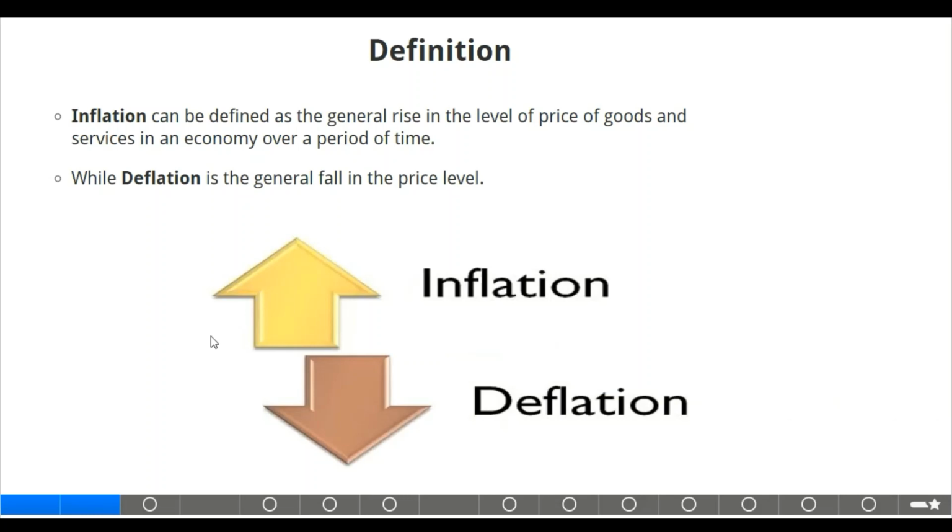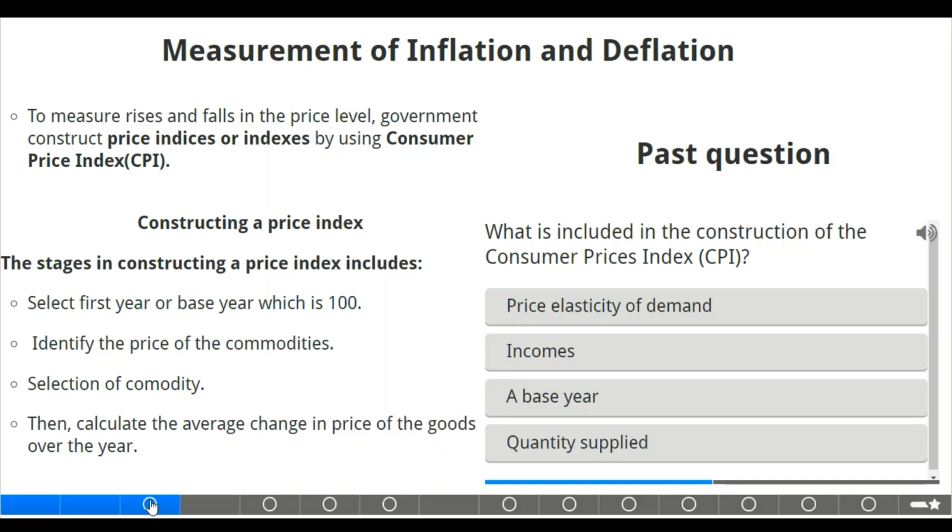Of course, inflation can be defined as the general rise in the level of price of goods and services in an economy over a period of time. And deflation is the general fall in the price level of goods and services in an economy over a period of time. That is vice versa of inflation.